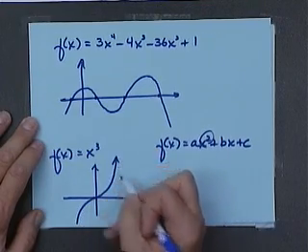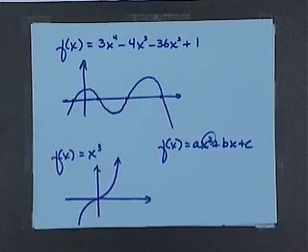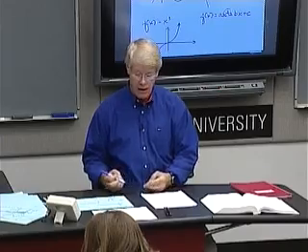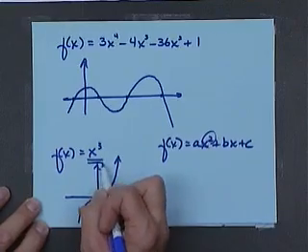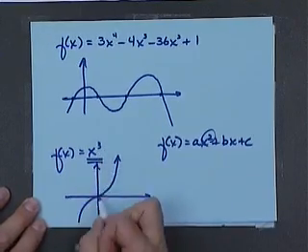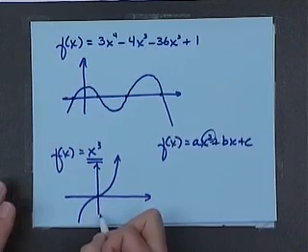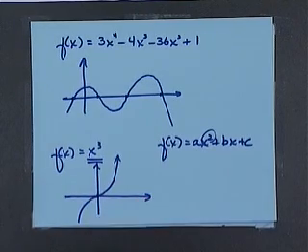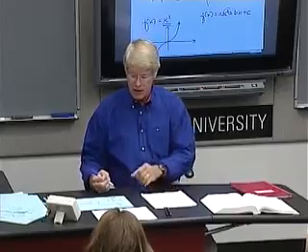That looks like this, doesn't it? Yeah. So it doesn't have any, but if it did have some changes in direction, the most it could have would be 2. And if it did have roots or solutions, the most it could have would be 3. That's the problem. This only has 1 root, right? That's why it didn't change direction lots of times.